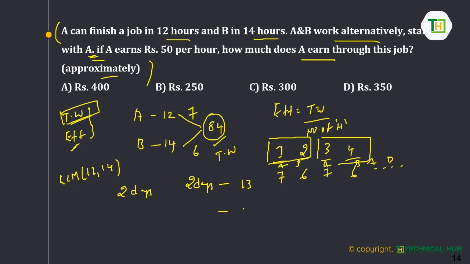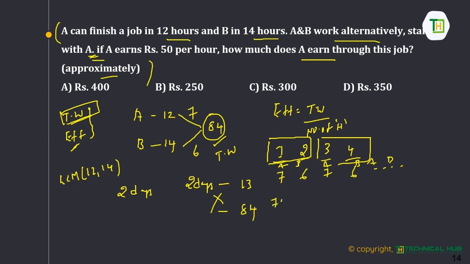Here our target is 84 units. The cross multiplication technique is not applicable here because they work alternately. If they work regularly, the cross multiplication technique is applicable. Since they work alternately, it is not applicable. So you have to take the closest value to 84 that is exactly divisible by 13.